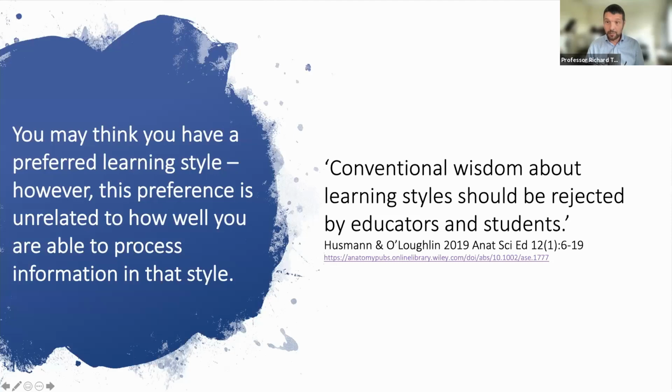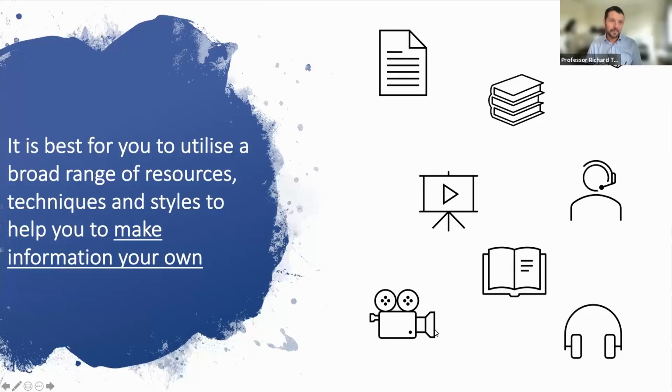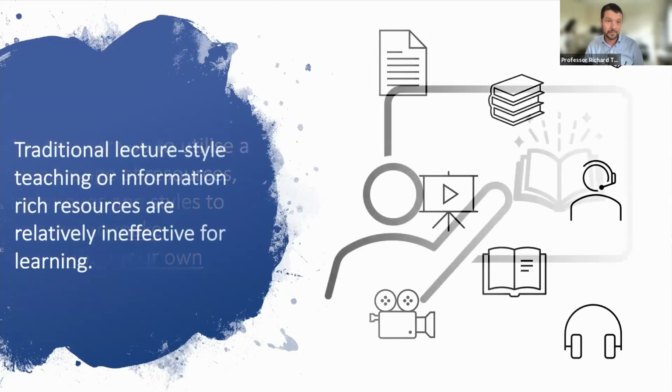There's a lot of research being done on this and published on this, particularly recently. So one of the recent publications, and I do like this final conclusion from this publication, was that the conventional wisdom about learning styles should be rejected by educators and students. So really what this is saying to you is don't tie yourself to one style of learning. It's best for you to utilize a broad range of resources, techniques, and styles to help you to make the information your own. And I'll talk a bit more about how you can do that later.